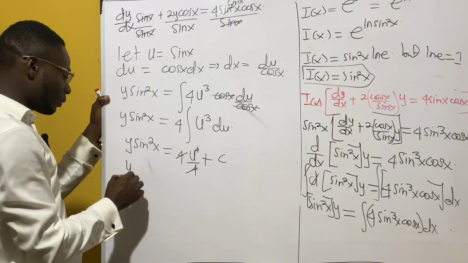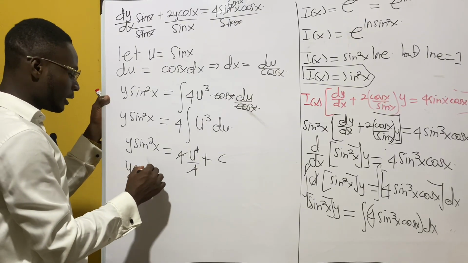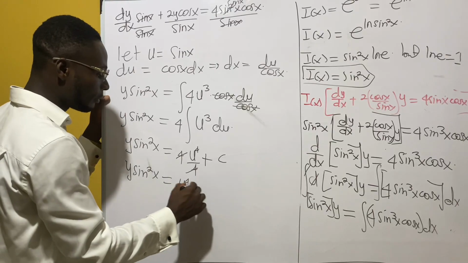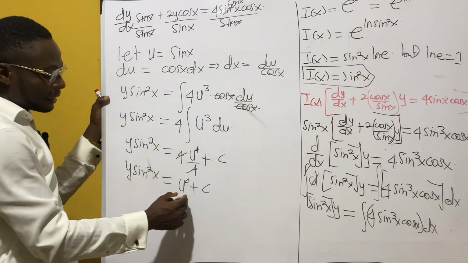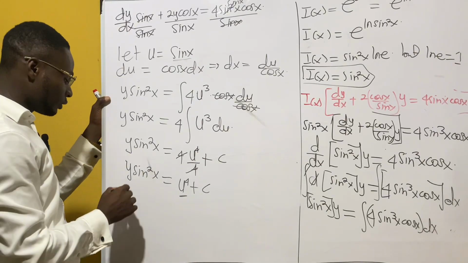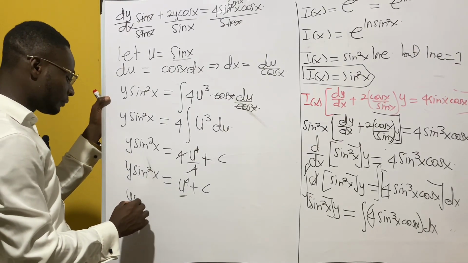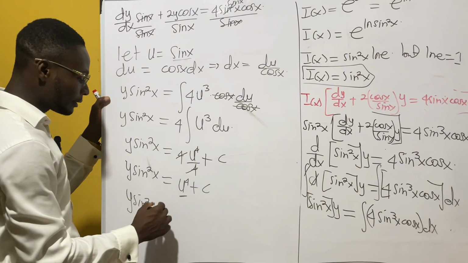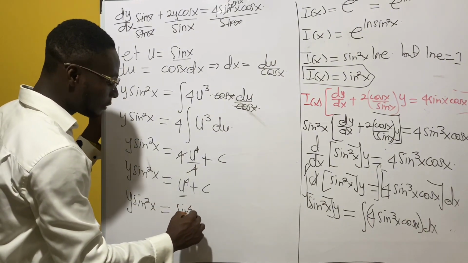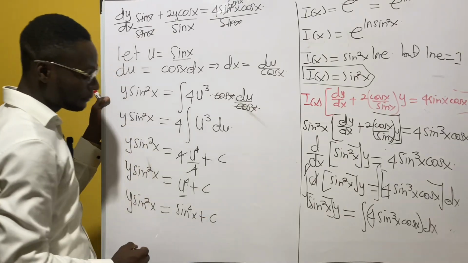So we have y sine squared x is equal to u power 4 plus c. But earlier on, we said that u should be equal to sine x, right? So we have y sine squared x is equal to sine power 4 x plus c, right?